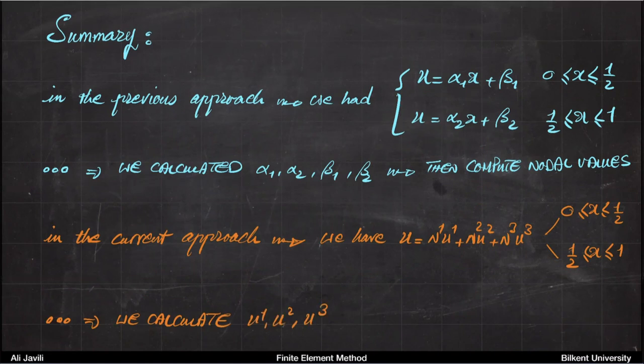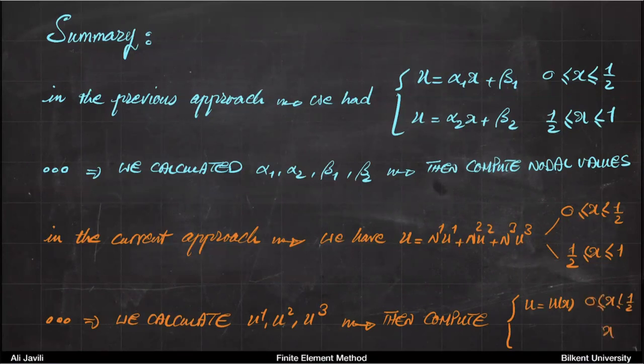It turns out that here you calculate the nodal values directly. If you want, you can still then compute U as a function of X. You can say U of X equals something in the first piece, because you already have the shape functions, so it's very easy to write those, and U equals another function in the second piece.